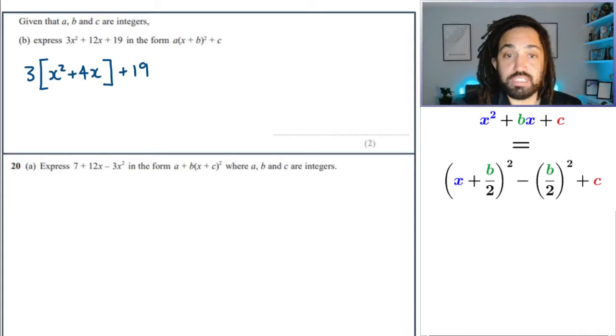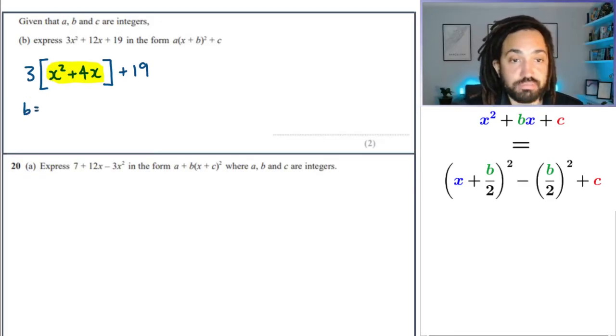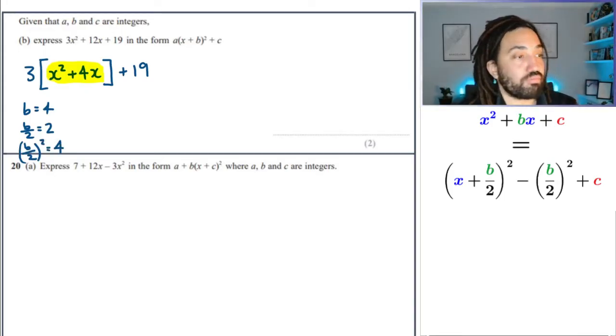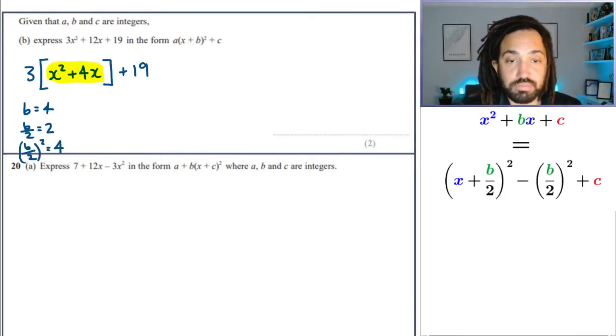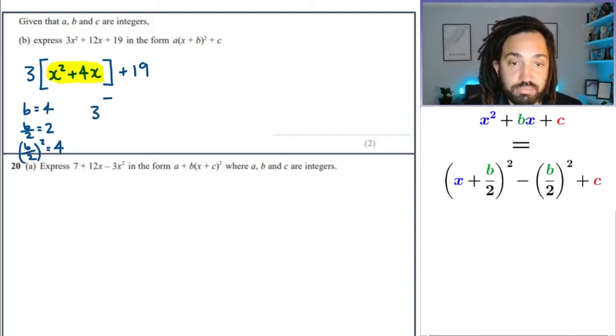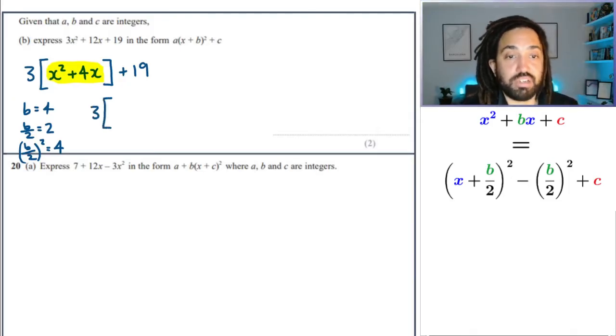Okay, perfect. So then we're just going to focus on inside this square bracket and completing this square here. Okay, so we're going to write b term is 4, b over 2 term is 2, and b over 2 all squared is 2 squared, which is 4. Okay, so I'm going to write 3 big square bracket, and then I'm going to complete this square.